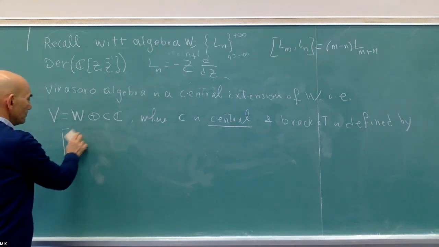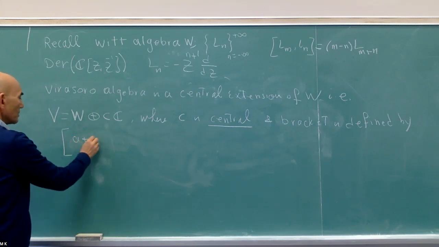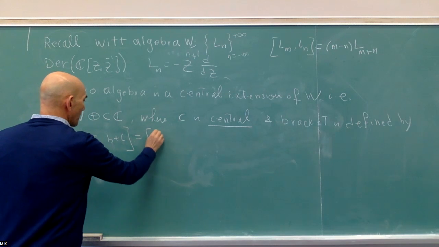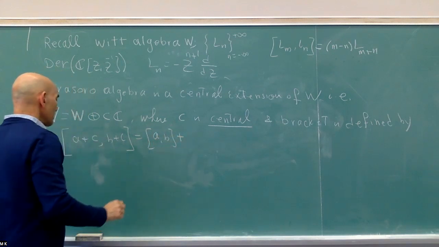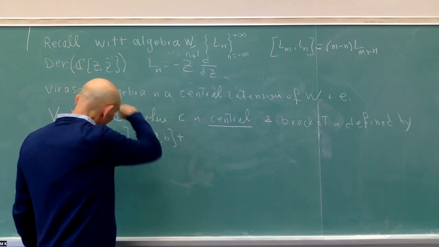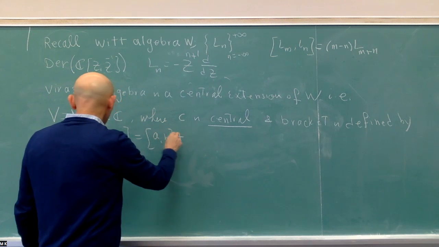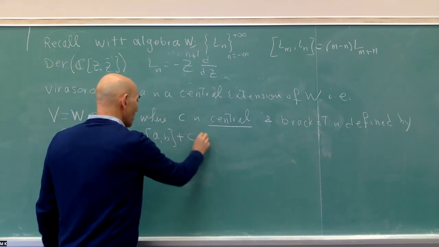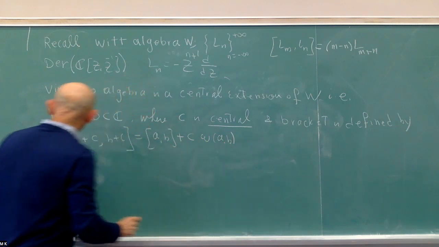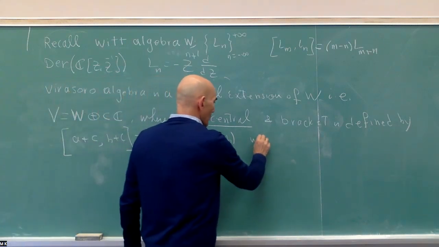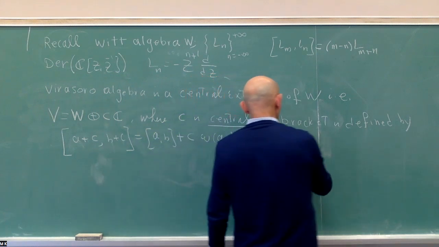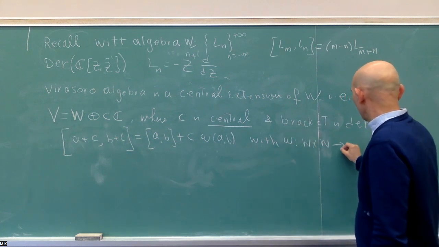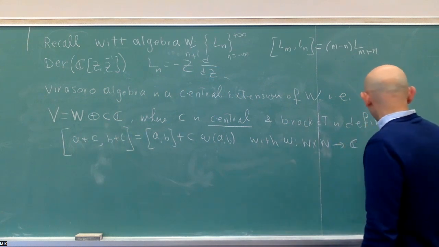Or maybe I just say A plus c and B plus c to be equal to the bracket of A and B plus c times omega of A and B. That's not a very good notation, but I use it nevertheless. Omega from W cross W to C, a 2-cocycle.